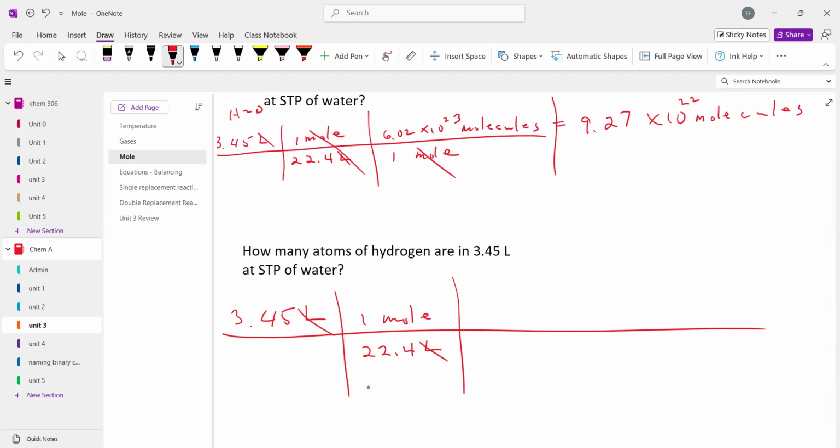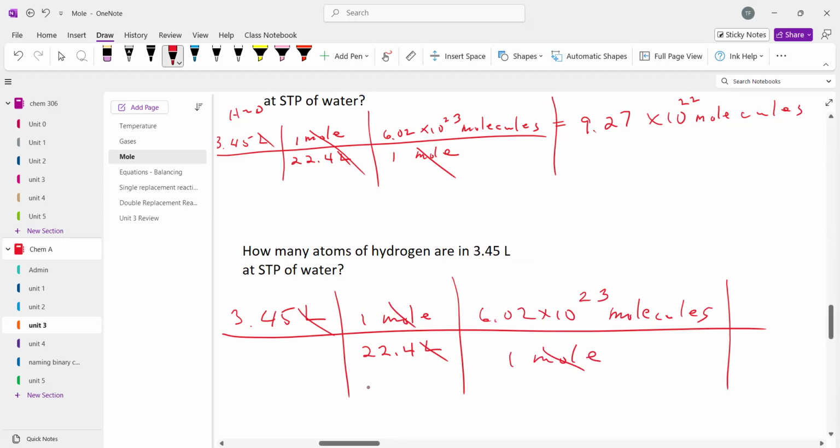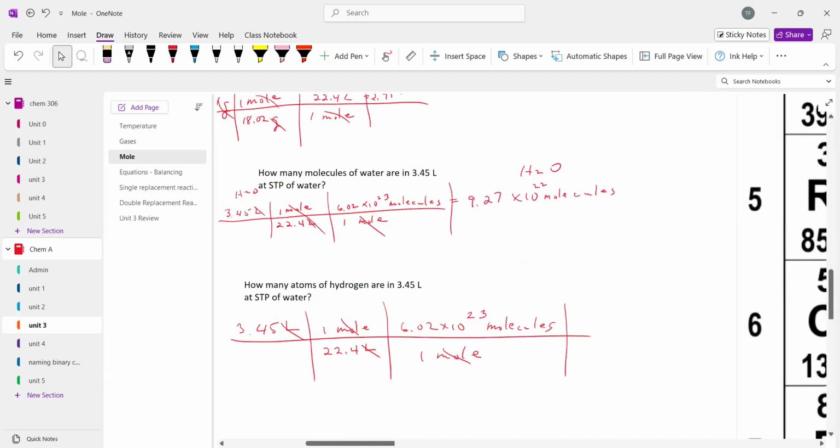So the first thing we're going to do is calculate total molecules. That doesn't give us atoms, though. So we need a conversion factor to go from H atoms to water.